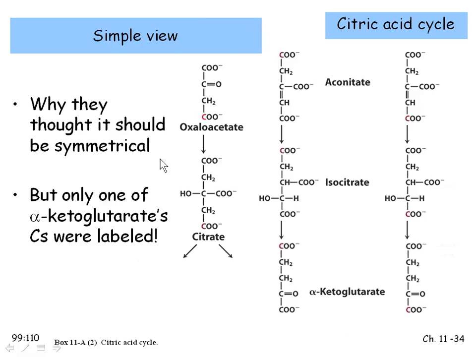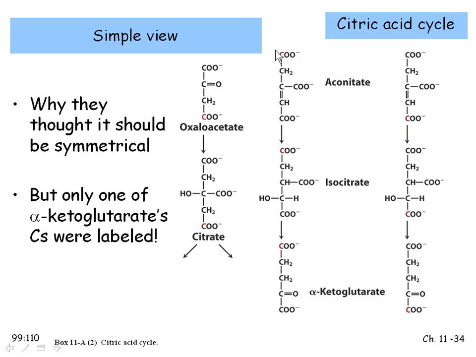And this is why they thought it should be symmetrical. Here you're starting with your oxaloacetate that you're going to make into a citrate molecule. So you've added on an acetyl-CoA to it back here. And there's the carbon at the citrate. And now if that molecule goes to isocitrate, goes to aconitate, in this formation, one could imagine that it could have formed that aconitate on either side.